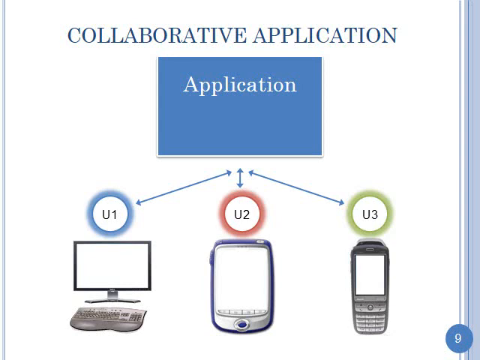So how would you define a collaborative application? How would you distinguish a collaborative application from a non-collaborative application? There's a picture to help you, but let's just spend a few minutes on this.